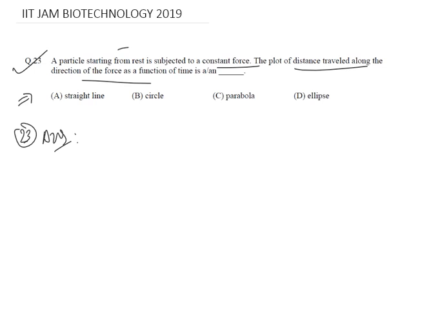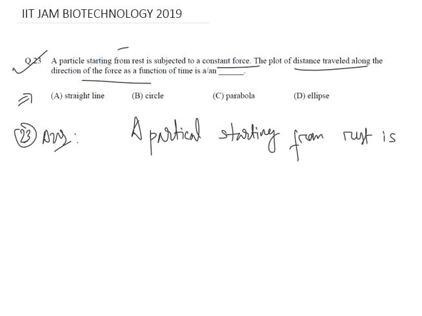A particle starting from rest is subjected to a constant force.